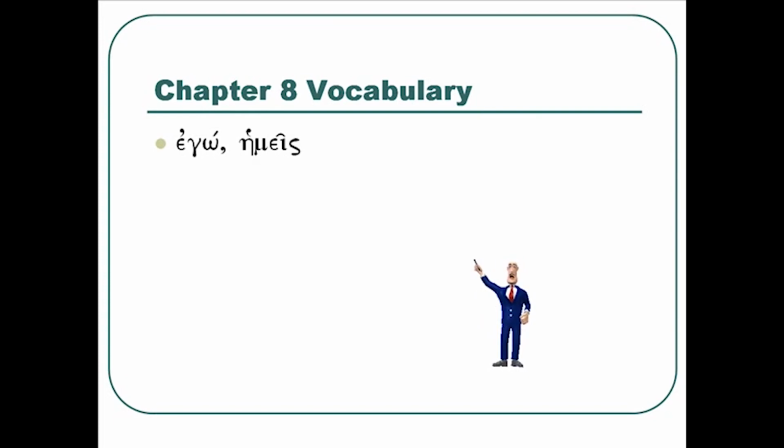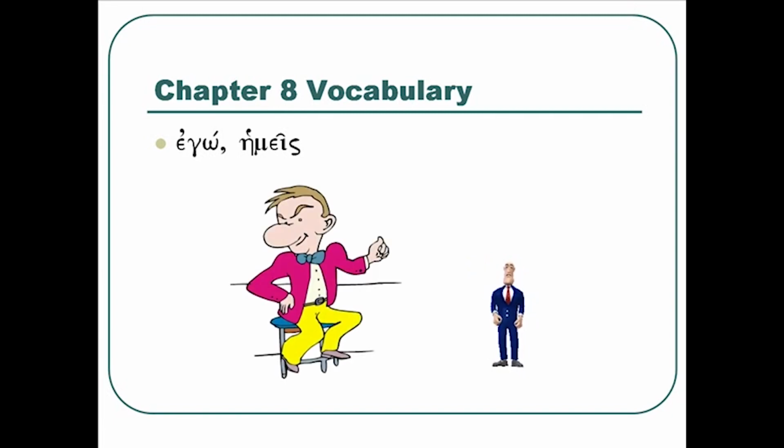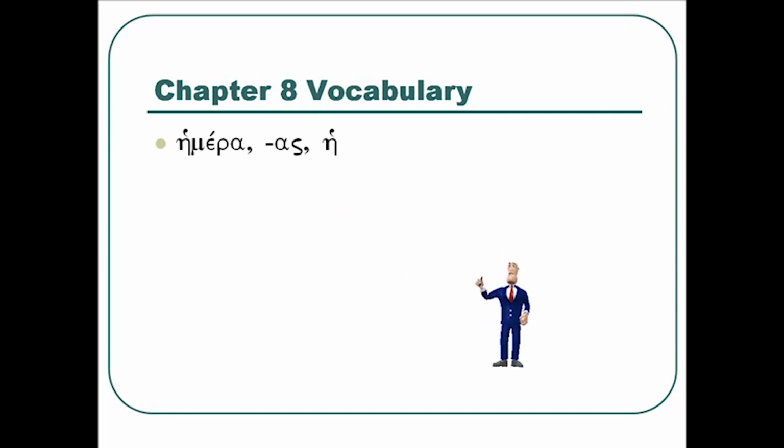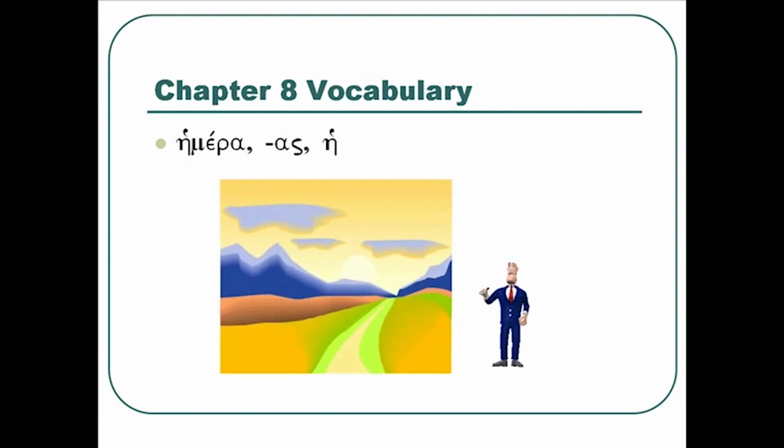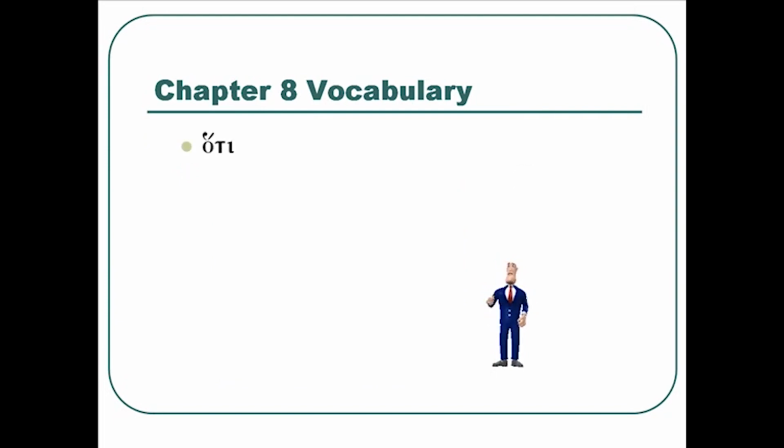The third word is egō, hēmeis, and it means I and we. The fourth word is hēmera, and it means day. Our fifth word is hoti, and it means that or so that.